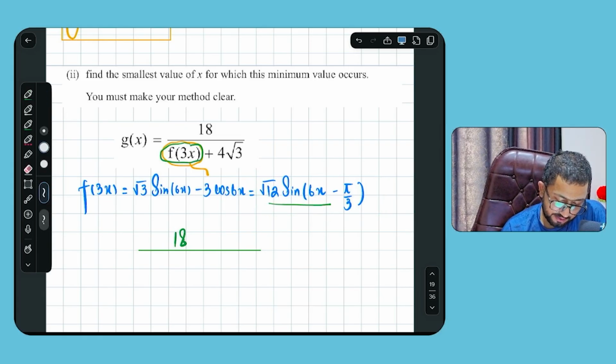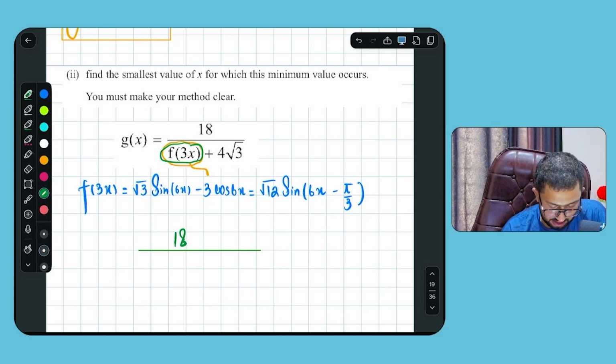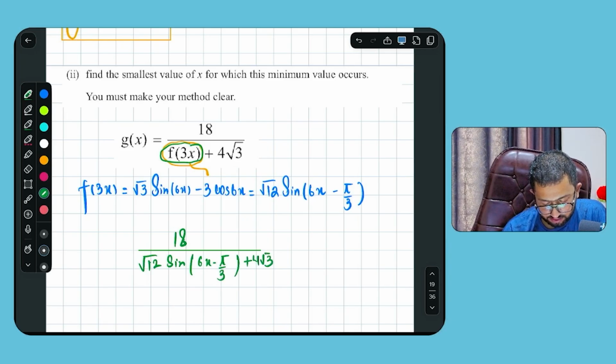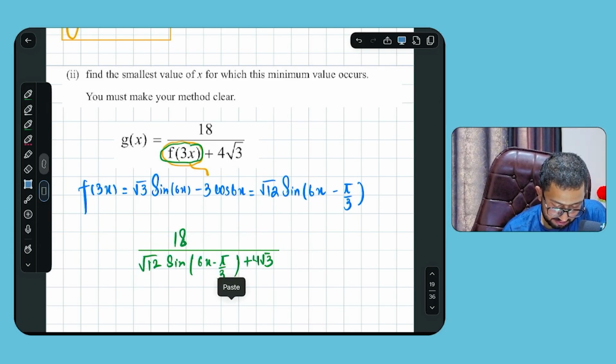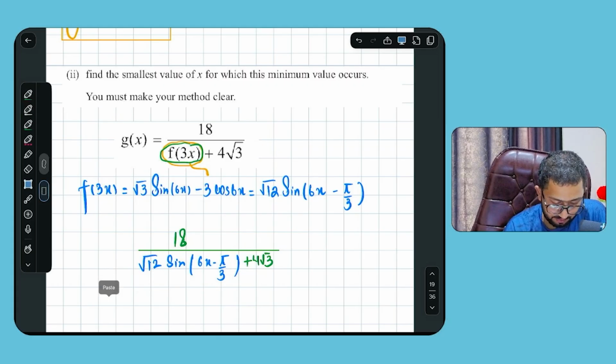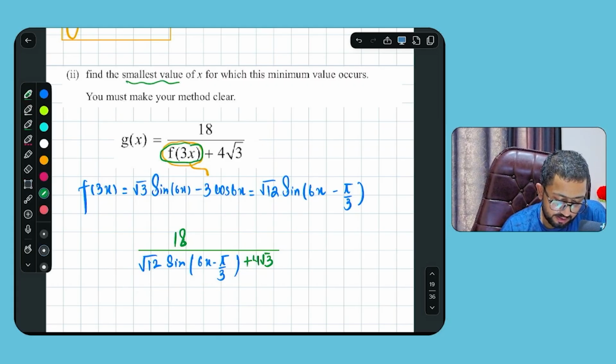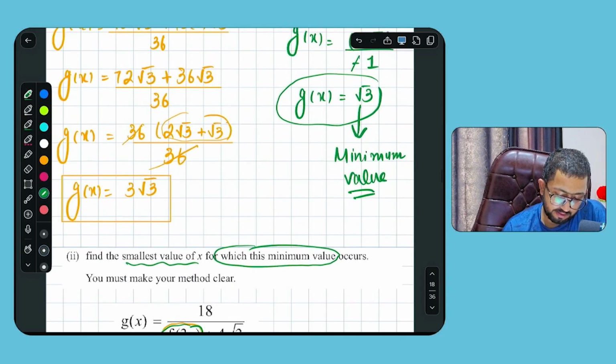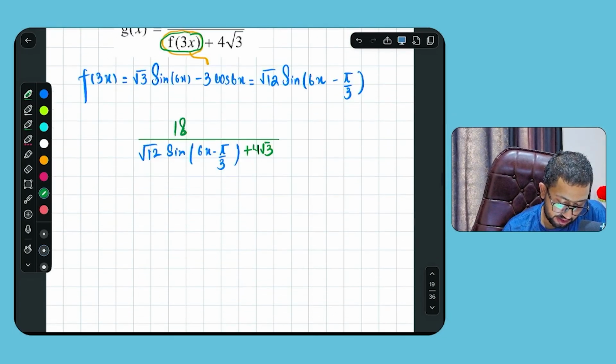So place the f of 3 function over here: square root 12 sine of 6x minus pi by 3 plus 4 square root 3 actually. Just replace, be careful. That is our f of 3 of x. The smallest value of x for which this minimum value occurs. So the minimum value of g of x is square root 3.